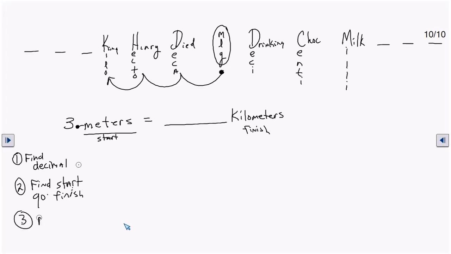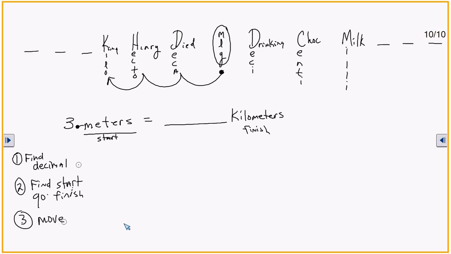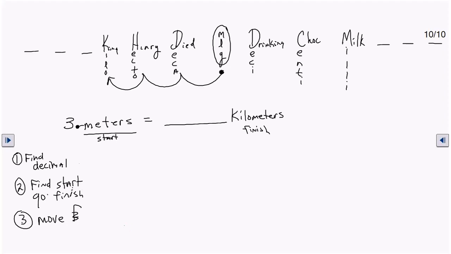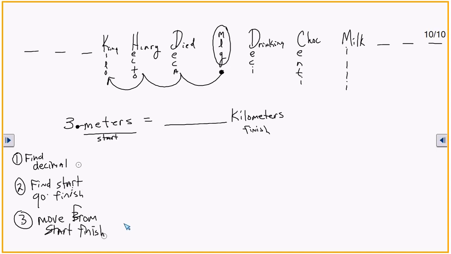So move 3, or move from start to finish. And you do that with your decimal on your number. So I'm going to put 0.3 right here, or 3 point, and I'm going to move 3 places to the left. 1, 2, 3.